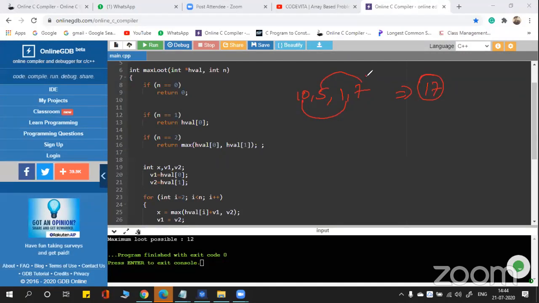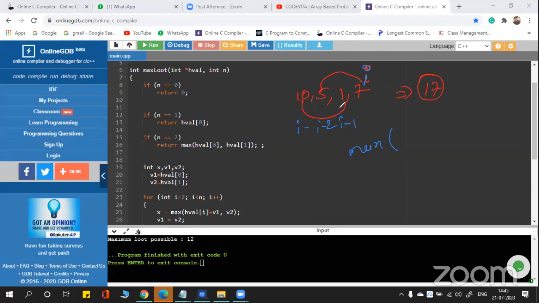If I take this as I, then this will be I minus 1 and this will be I minus 2. It is considering I minus 1, up to I minus 1 the maximum value is 11.